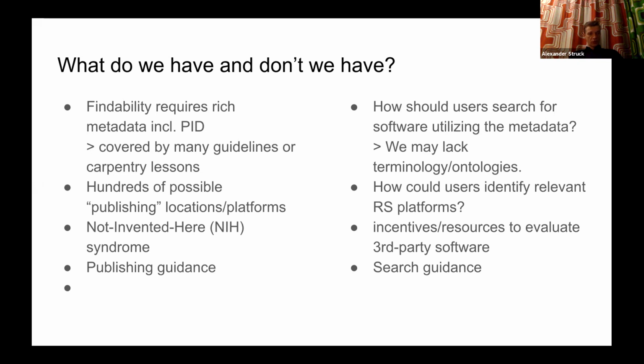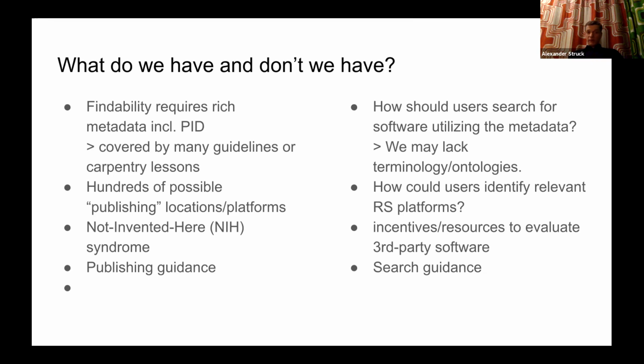We have hundreds of possible locations or publication platforms for research software, but we don't really know how users would identify the relevant platform for their problem or domain. We have the not invented here syndrome, and what we may lack are incentives sometimes to invest resources to search for and then evaluate third-party software.